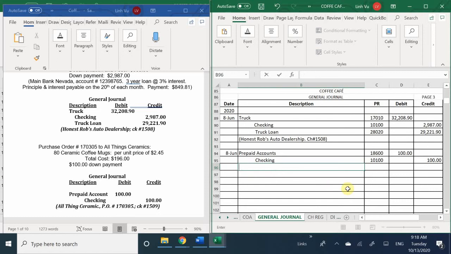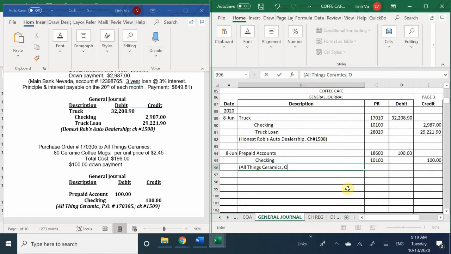All right. So first things first, you need to have the vendor. You're going to need the purchase order number because that is what you're paying towards, right? You're paying towards this purchase order that we made.